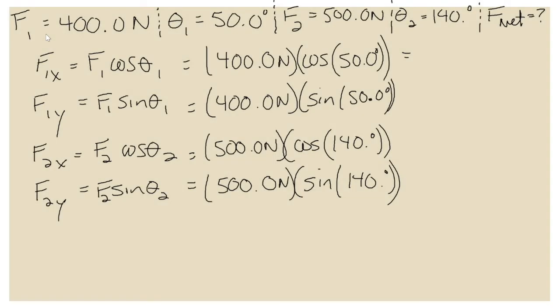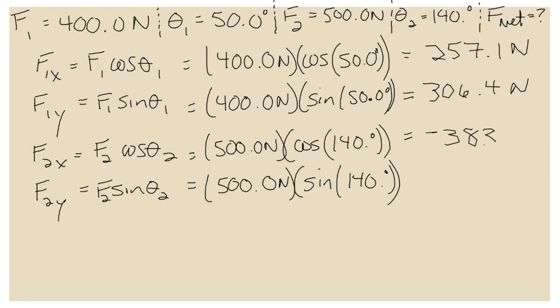And so going through with our answers, keeping them all to the appropriate number of significant figures here, which is 4, 400 times the cosine of 50 was 257.1 newtons. 400 times the sine of 50 was 306.4 newtons. 500 times the cosine of 140 was negative 383 newtons.